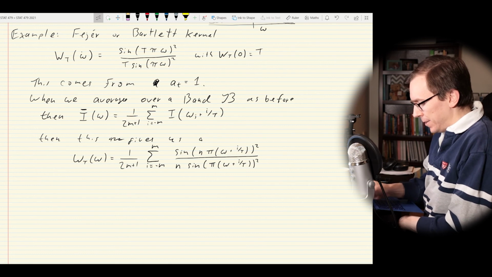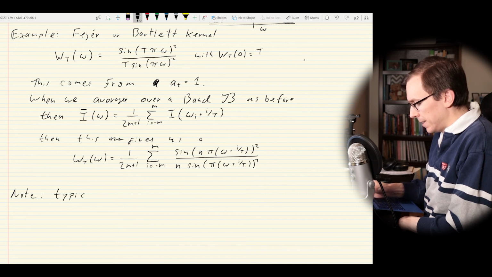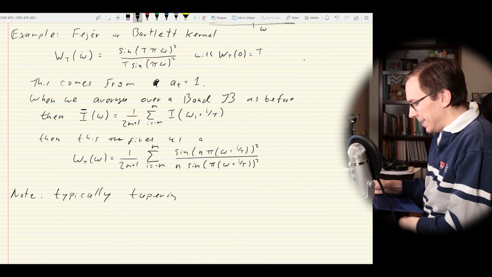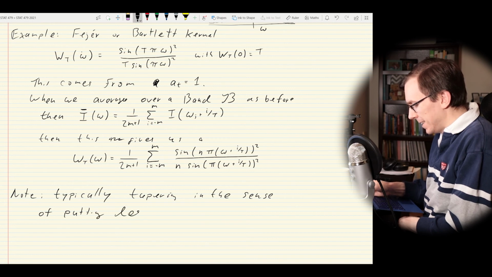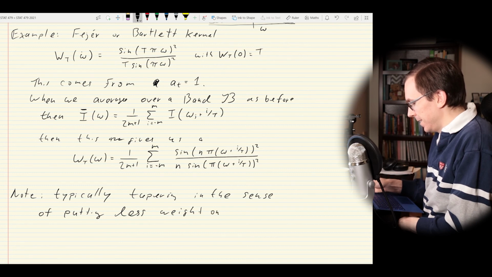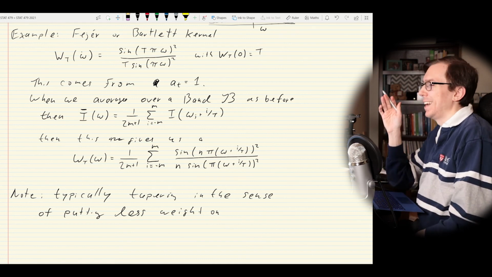But of note, we note that typically tapering, in the sense of putting less weight on far, I'll say, how do I even describe this?